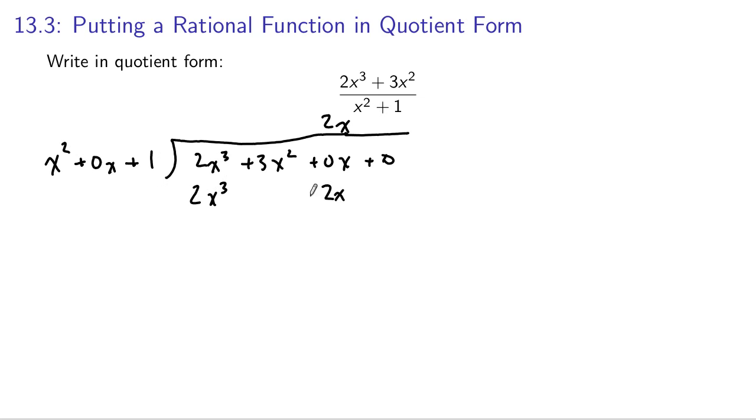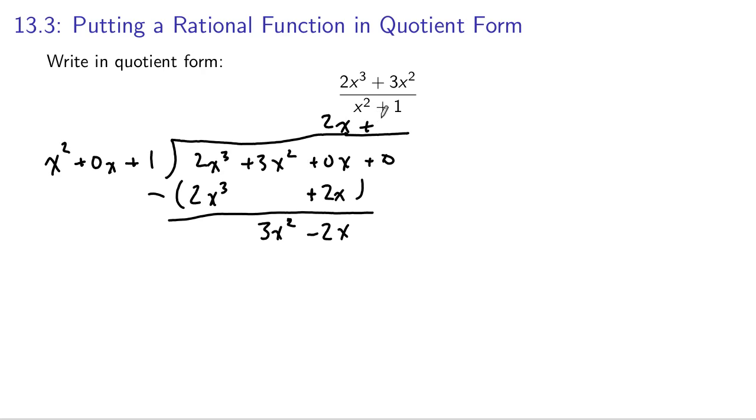Okay, subtracting all this, we'll get 2x cubed minus 2x cubed is 0. 3x squared minus 0 is 3x squared. So you see why we want to keep the zeros in here to help us line everything up right. 0 minus 2x is minus 2x. So now we think, what do we multiply x squared by to get 3x squared?